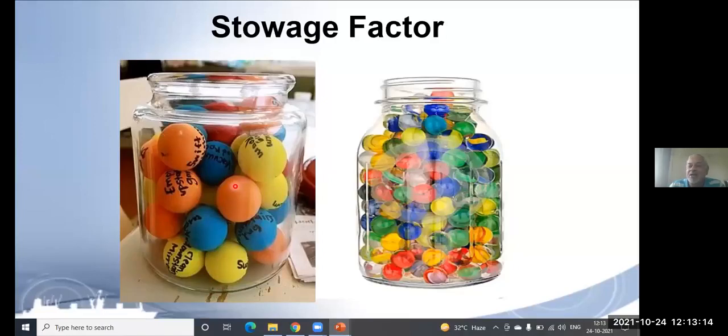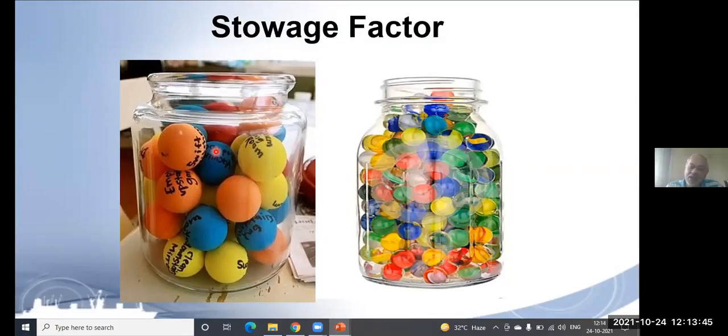And stowage factor means, suppose this TT ball is the cargo and this jar is the cargo hold or hatch where the cargo is loaded. At any given time, how many balls you will be able to load here, you can calculate if you have a formula, some meter cube per ton, or for one ball how many meter cube.